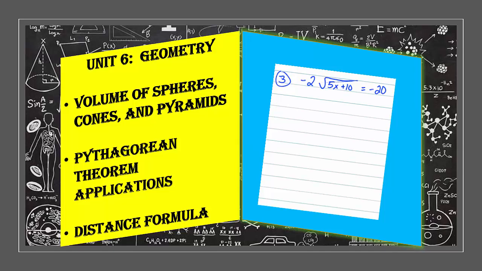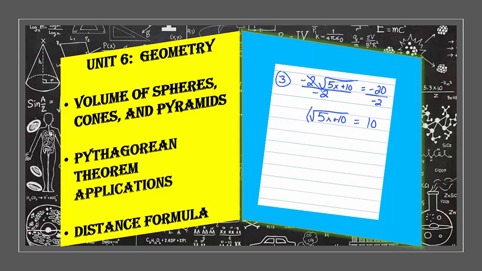First thing I realize is that negative 2 is getting multiplied by everything in the radicand, so I can divide by negative 2. Negative 2 divided by negative 2 is 1, so that will simplify out. Negative 20 divided by negative 2 gives us positive 10.